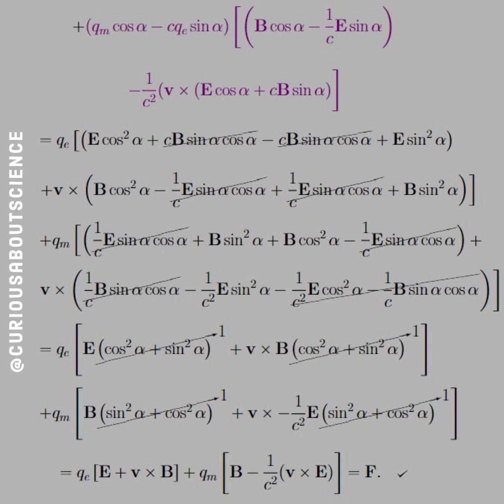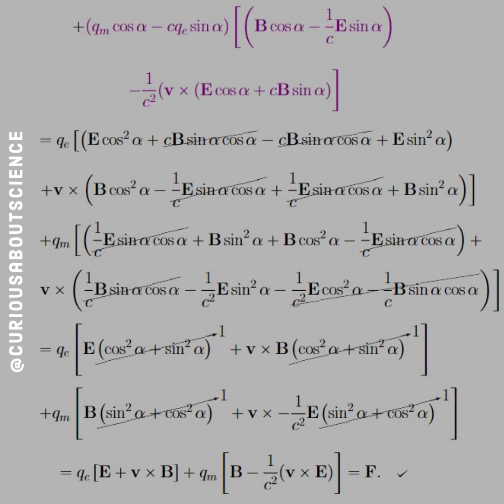Again, all we're doing is factoring out the QE and the QM and the V cross parts for both of these independently. But this is a gigantic mess of simplifying. So pause the video if you need to see this.